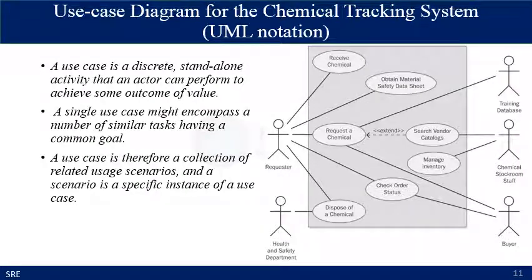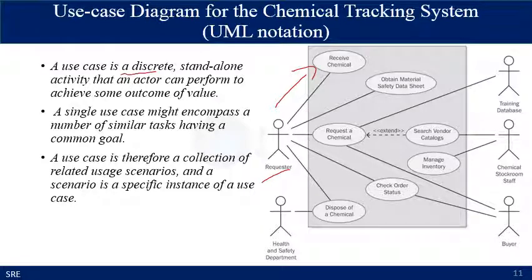So here is an example of the use case diagram for the chemical tracking system. Again, a use case is a discrete, stand-alone activity that an actor can perform to achieve some outcome of value. For example, we have a primary actor called requester, and we have a use case called receive chemical. As the naming convention applies, the verb is followed by an object.